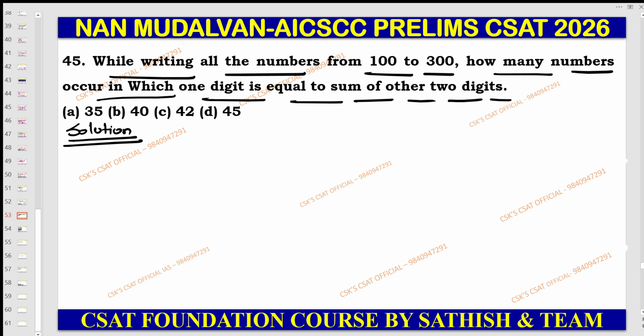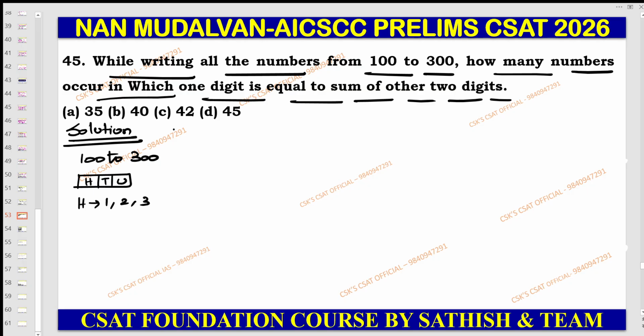Now try to understand here. 100 to 300 are all 3-digit numbers. So the hundreds place contains 1, 2, 3 possible here. Another condition provided is that one digit is equal to the sum of the other two digits.